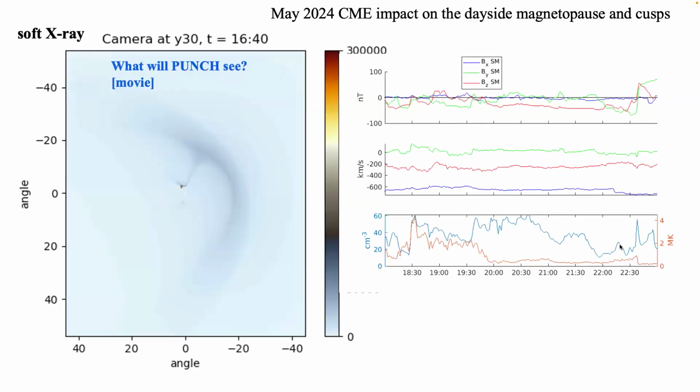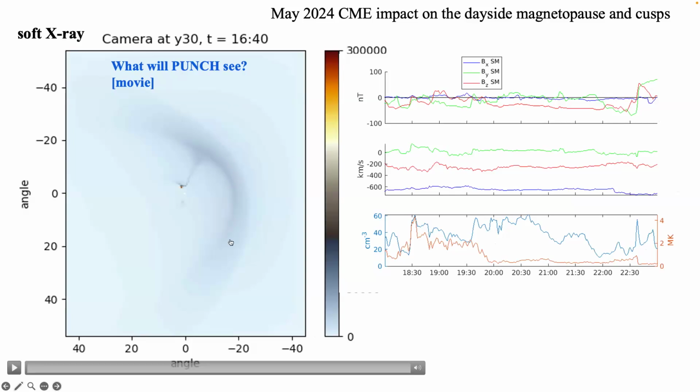Now let's look at the movie. This is before the shock arrival. You can see the magnetopause around here, right here. Okay, now we're going to start the movie.